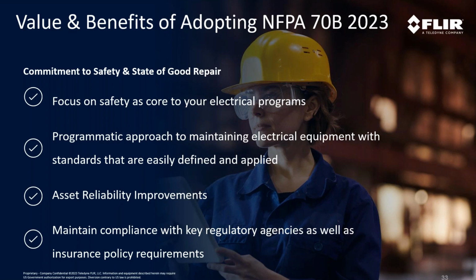I think you're going to start to see a little bit more specifics around this because NFPA in particular, they've done a great job at providing a very robust outline, as well as specific tasks, frequencies, intervals, and activities to support that equipment in the proper way. You're going to see insurance companies start pushing that even further. So just something to be aware of as you enter into 2024. You just want to be educated and prepared to be able to support what you're doing there in a more meaningful way.